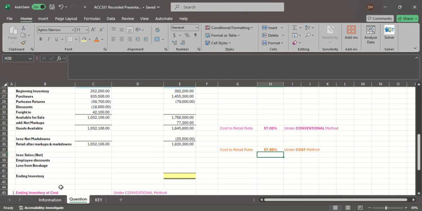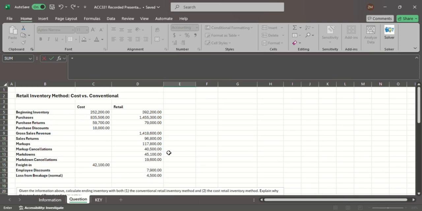Now we have to finish the rest of the problem to arrive at ending inventory. So we're going to subtract our net sales, which is our sales revenue less our sales returns. I made it negative because we're going to subtract it.